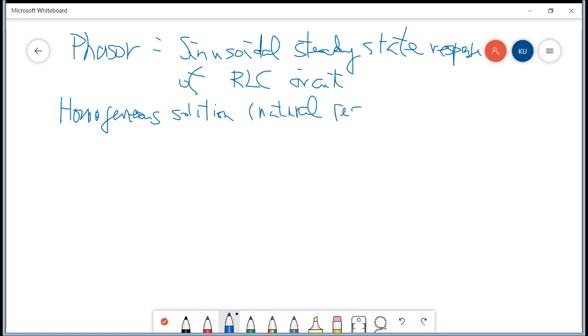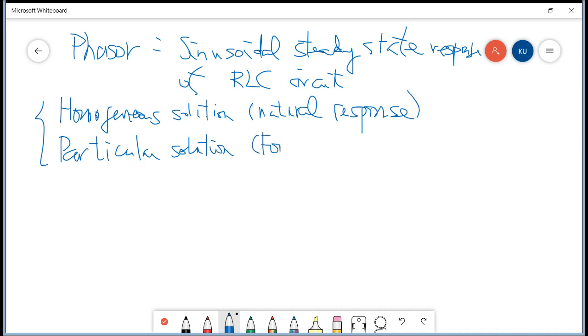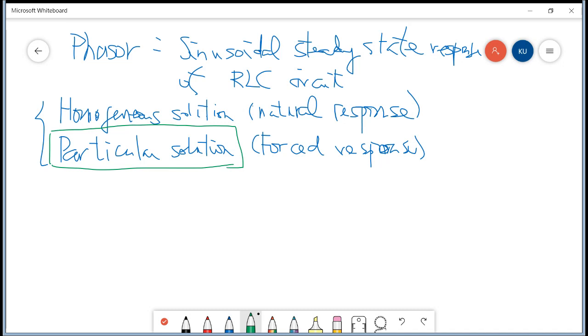And also the particular solution, which is known as the forced response. For sinusoidal steady state, we mainly consider the particular solution because it's actually related to the sources.